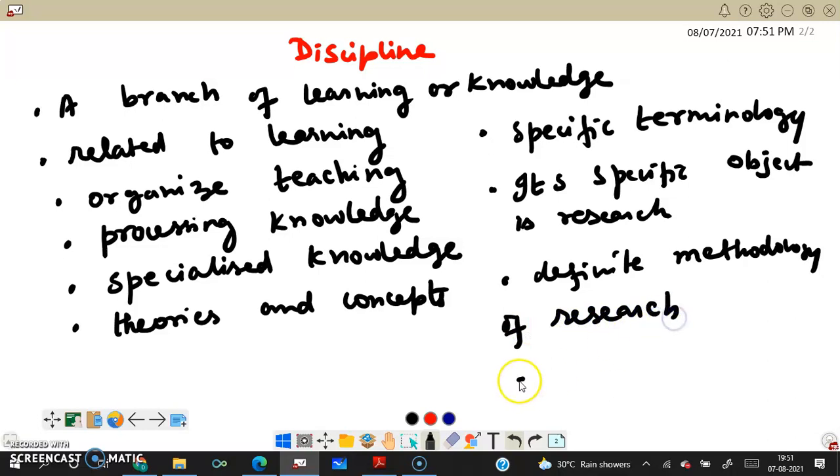We study research methodology: educational research methodology, economics research methodology, philosophy research methodology.